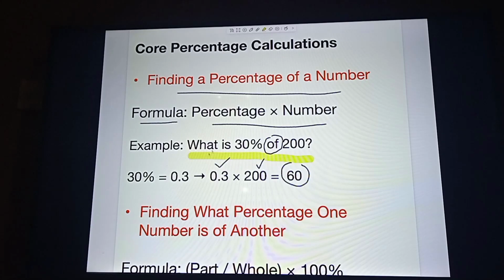For this we first convert 30% into a decimal and then multiply it with 200, and then we get the result 60, meaning that 30% of 200 is 60.